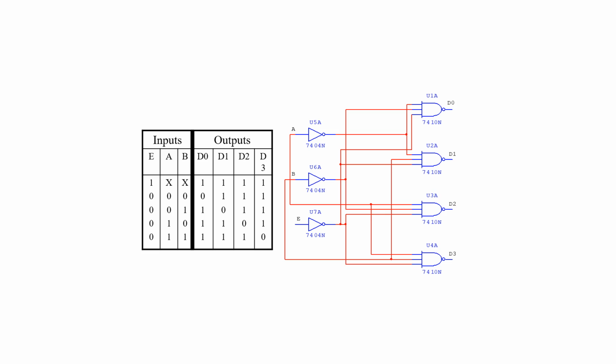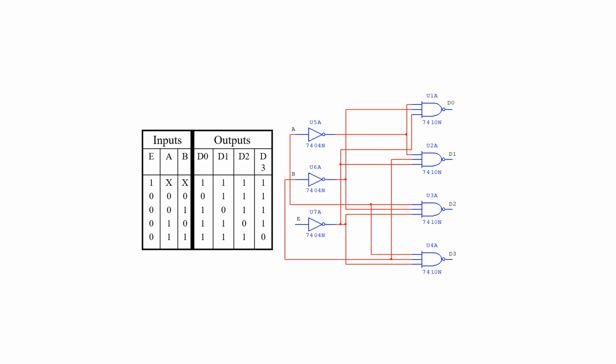As long as you have 4 inputs, you have 16 combinations, but only 4 combinations are restricted, and the rest are open for you to see. So whenever E equals 1, all the open combinations are free for you to watch.